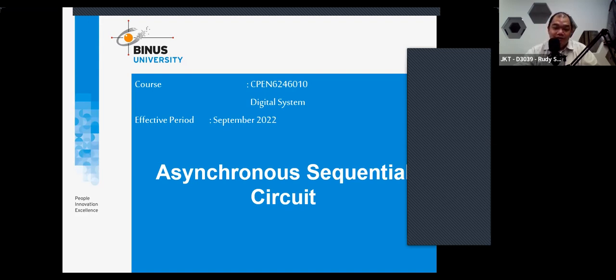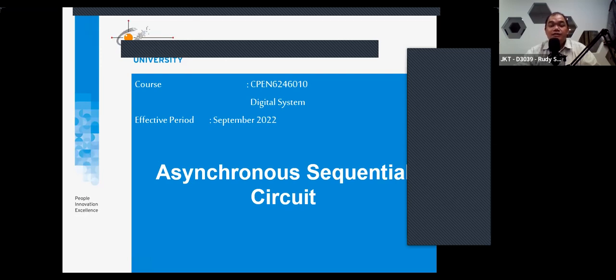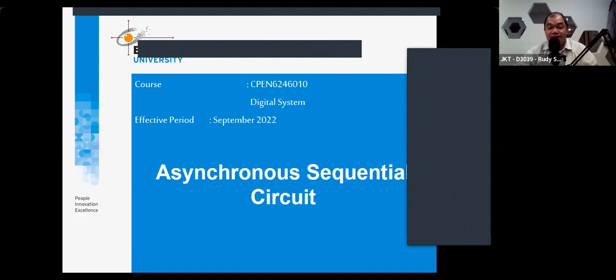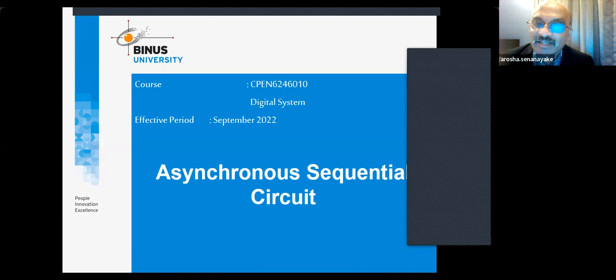This is the new concept for the students because we already finished the combinational circuit. This is the first time they accept the introduction of sequential. So that means they haven't done anything pertaining to synchronous sequential circuits.